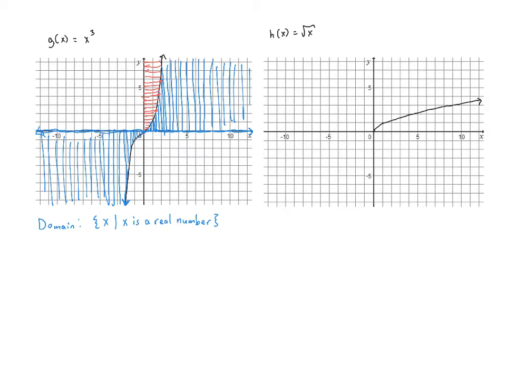And then if we look down below, we can see that we're also having the negative values accounted for. So the range includes the positives and the negatives and 0. And so the range is also going to be all real numbers, which we can write in set builder notation: the set of numbers y such that y is a real number.